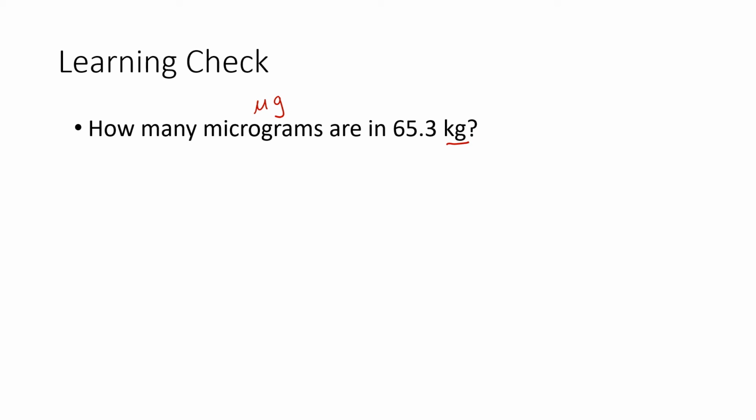So our plan of attack here has to be, we're starting with kilograms, that's what we're given. We're going to go to the base unit grams, and then from there we're going to convert to another prefixed unit of micrograms. So just like last time, we're not going to have one unit conversion, but we're going to have 2 unit conversions that we have to write.